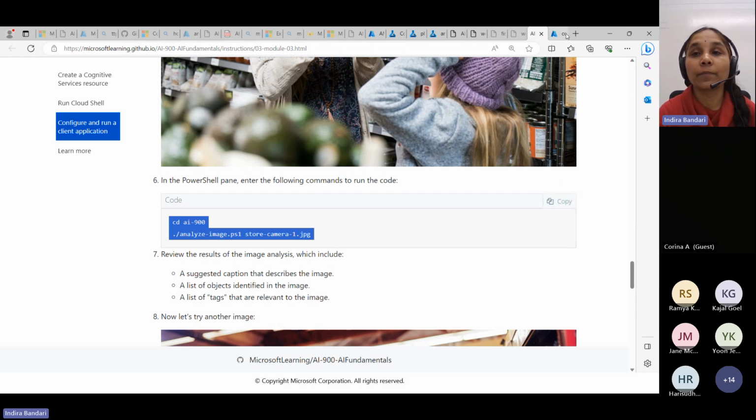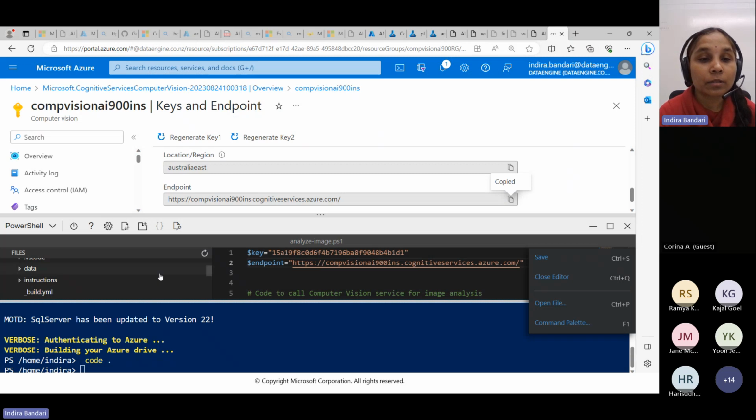I have copied, and now if we come here we will be able to see the image, hopefully. Where is images, data. This is all PS. Yeah, everything is PowerShell.